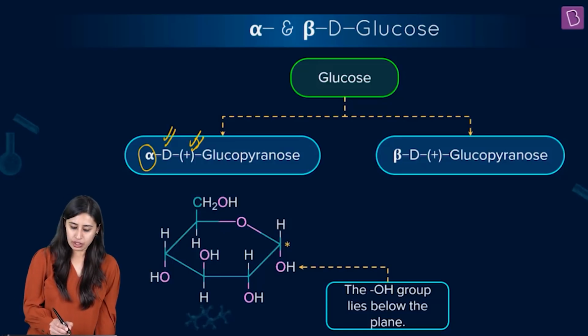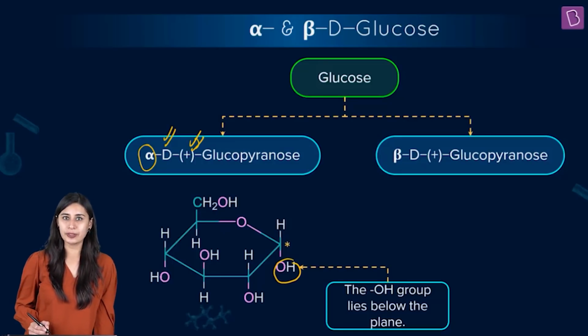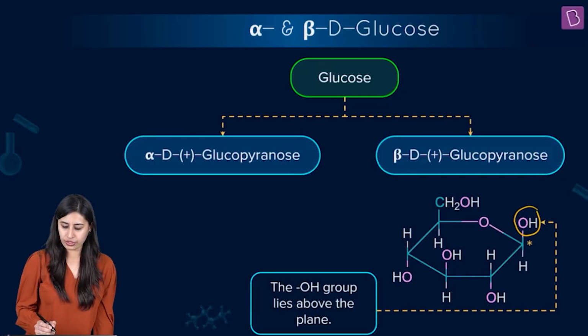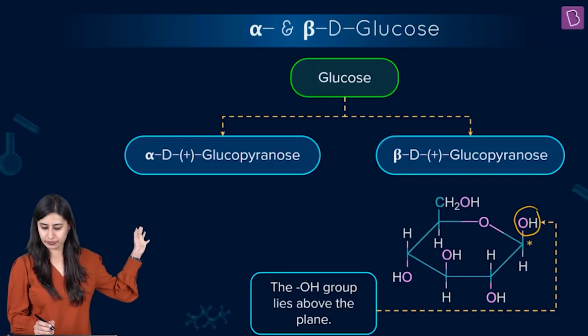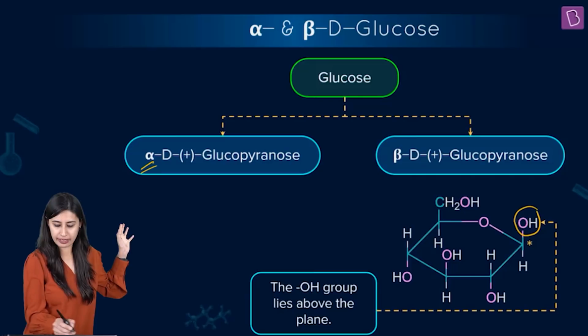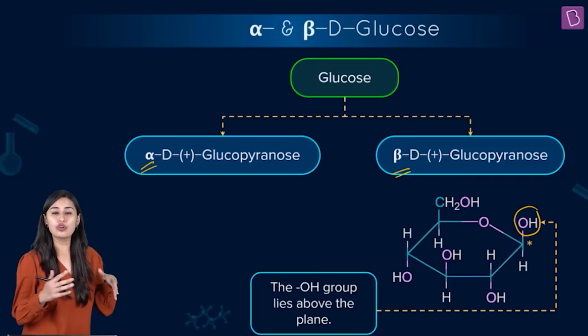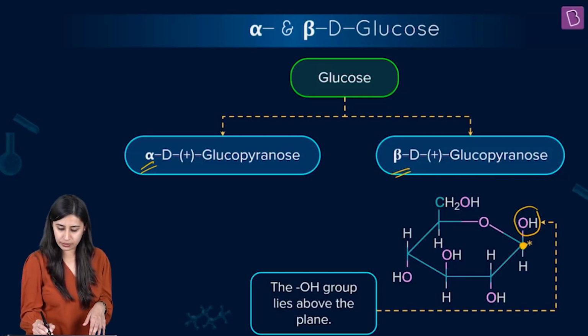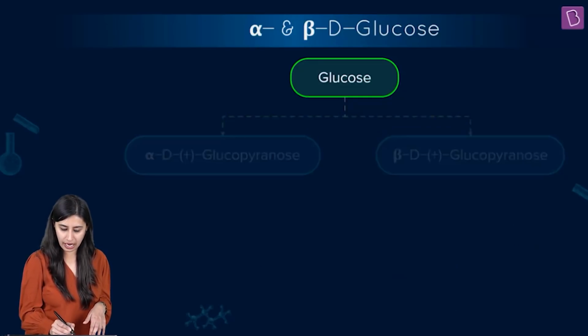Alpha. Check out the OH here, it is below out here, right? And beta, now let's check the beta thing out here. Beta OH is out here on the top. Please see. What are these alpha and beta? They are anomers. So they are the anomeric carbons that we are looking at. Look at this carbon and this carbon out here.